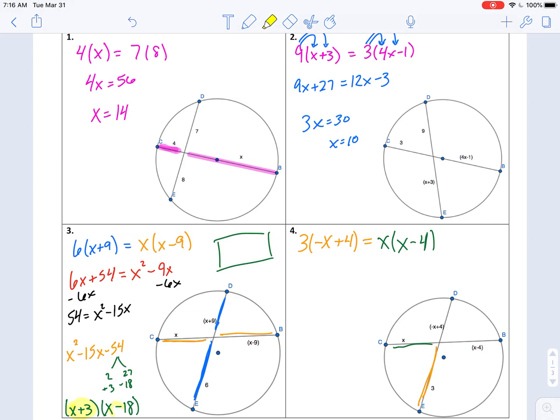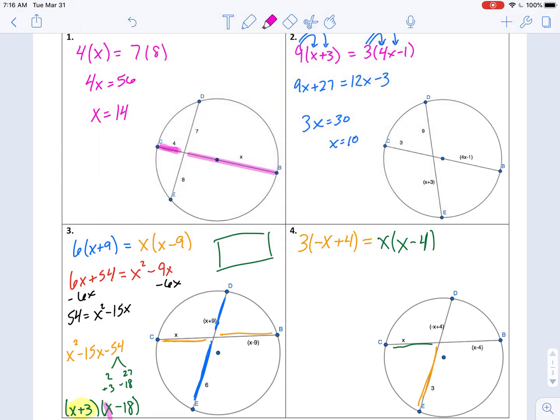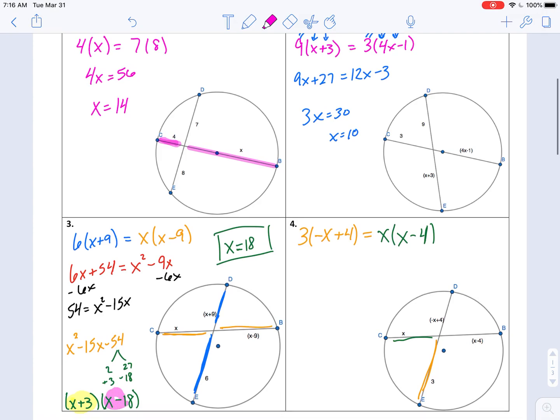And once we get to this final step, we're looking for what number for x makes each one of these expressions equal to 0. And what we're going to end up doing is we're going to look at x equals 18, because 18 minus 18 gets me 0.